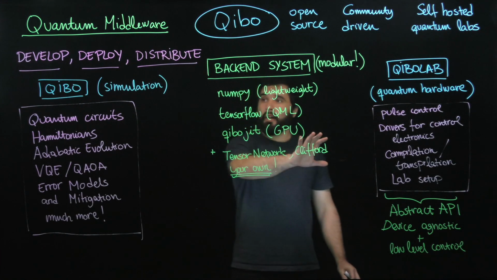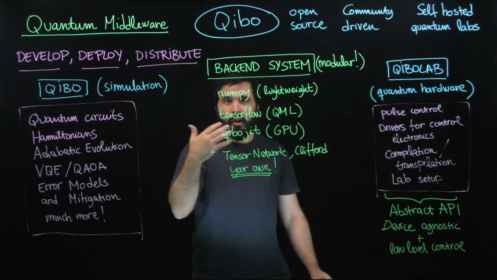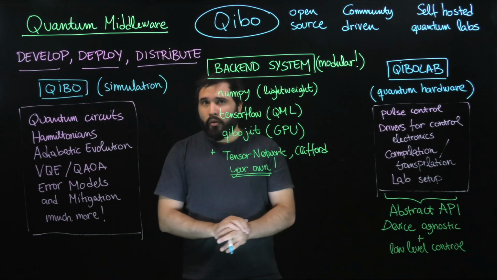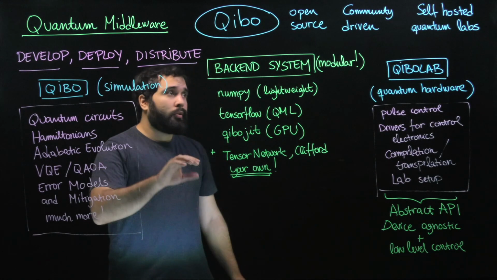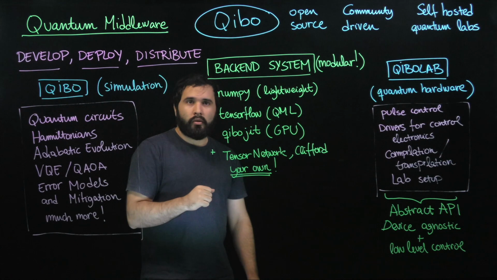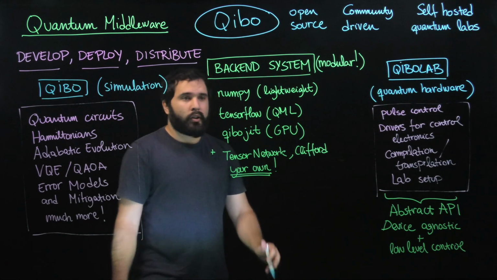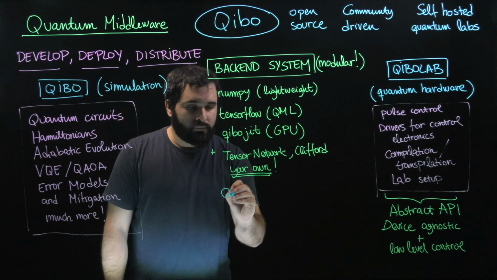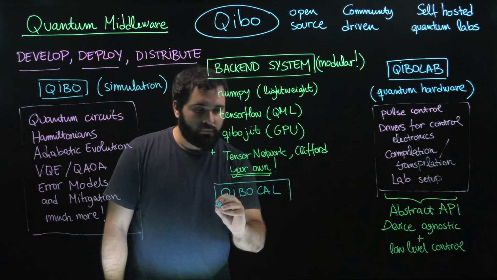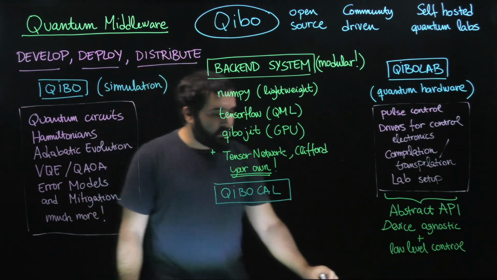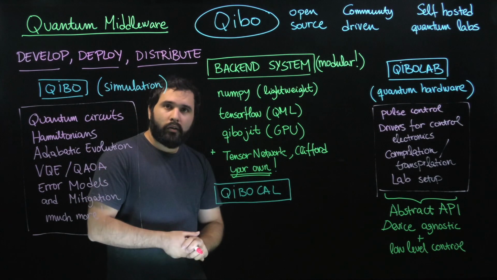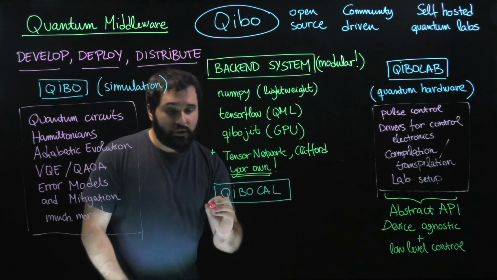So technically, having access to both Qibo and Qibolab, you should be able to program and execute algorithms into quantum devices. However, for these devices, one crucial aspect is the calibration and characterization of these devices. So that's where Qibocal comes in. So Qibocal is the part of Qibo that takes care of aggregating routines for calibration and characterization.